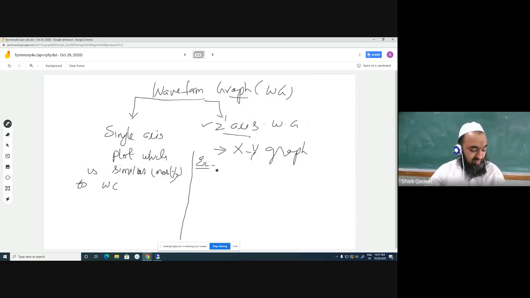The title of this example is to plot a circle. To plot a circle, right? How can we make a circle plot with the help of two different signals? That's the question. Any idea from your side?